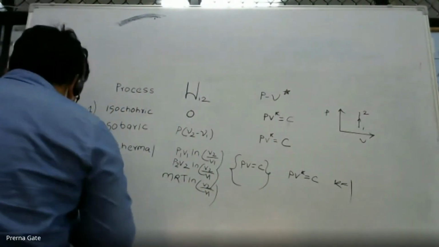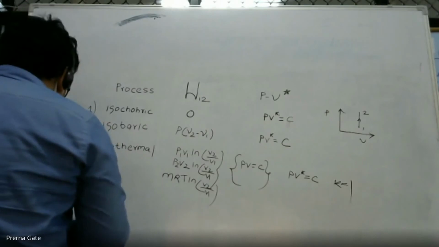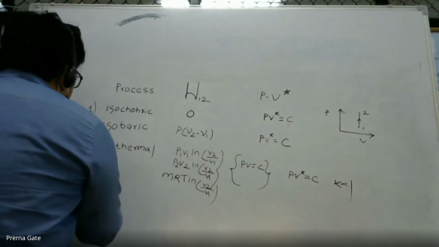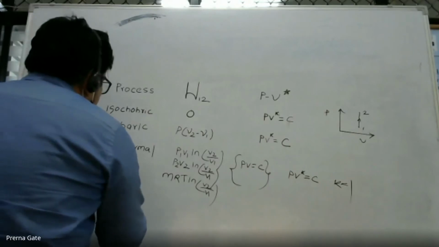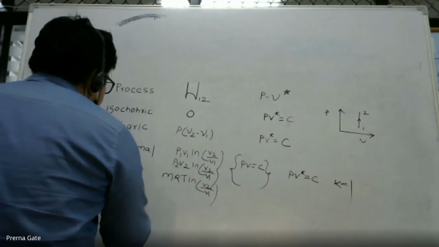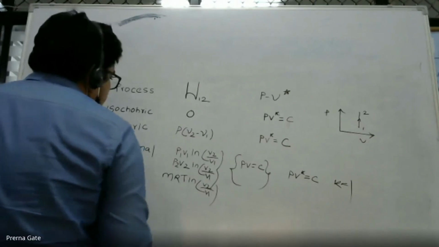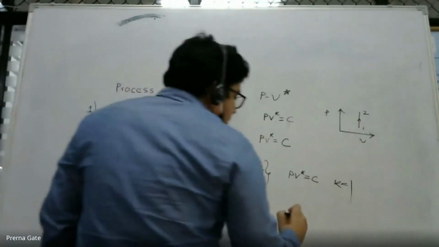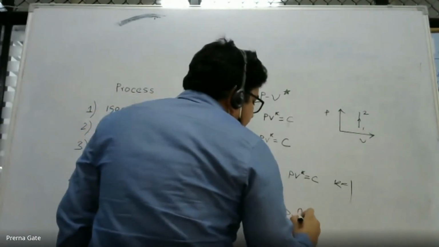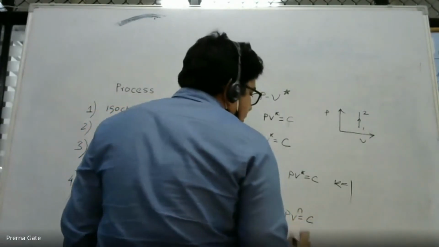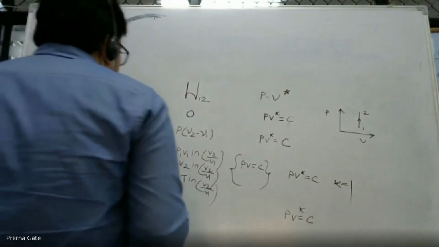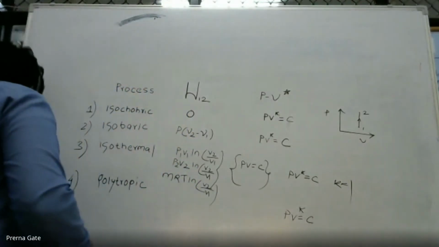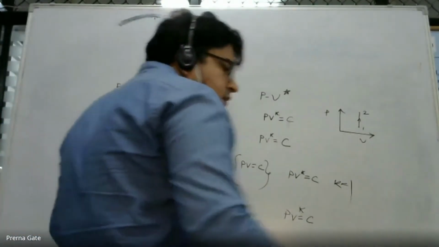Similarly, the fourth one was polytropic. We have left the discussion of the adiabatic process. So we have PV to the power n, that is termed as constant. And if I write it in the form of K, I would like to draw compression and expansion curves for you.